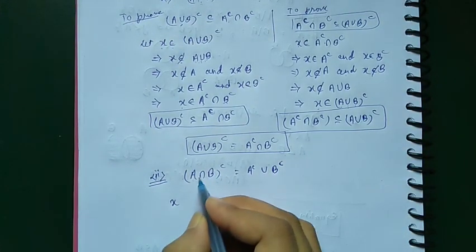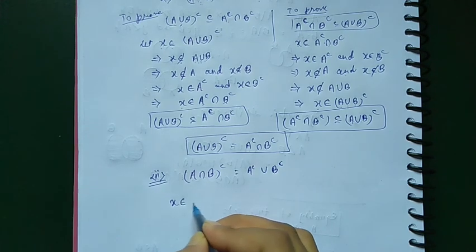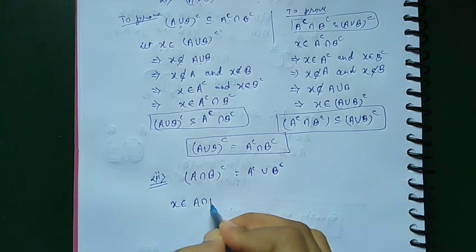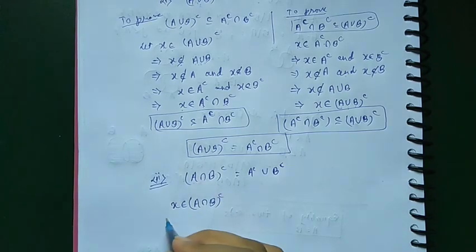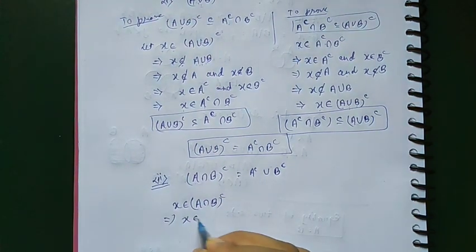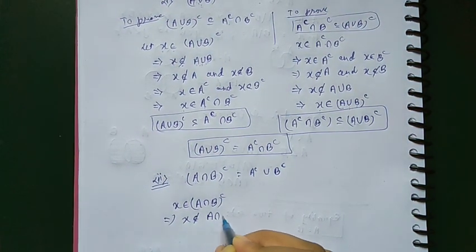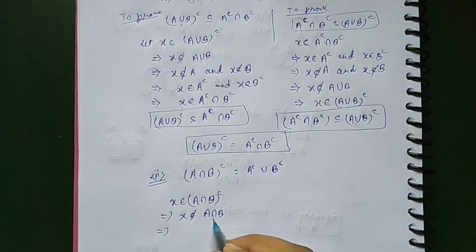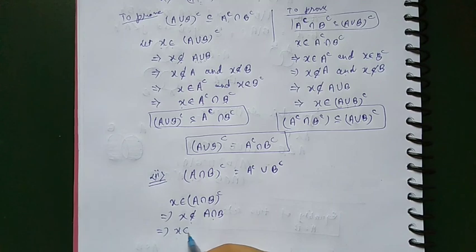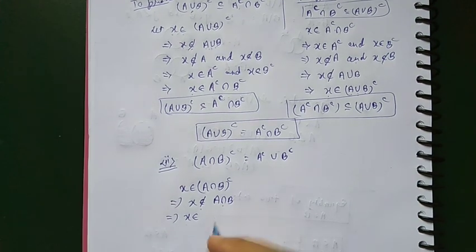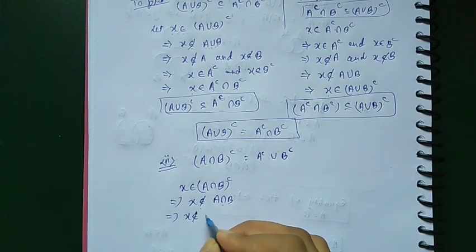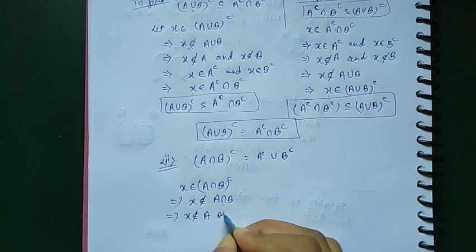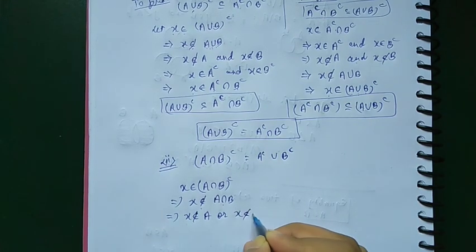So we will take again an arbitrary element X from this set, A intersection B whole complement. This will imply that X doesn't belong to A intersection B. Here it is intersection and negation, so we will use OR. So X doesn't belong to A, or X doesn't belong to B.